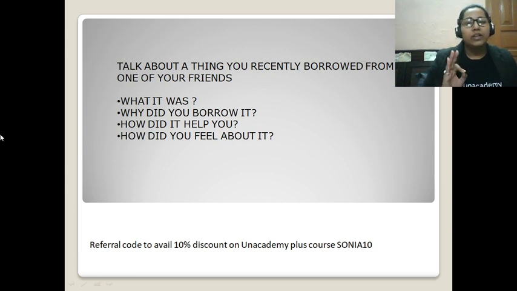And if your examiner is asking you again why and why, it means that you're not giving length to your answer, which is a negative point. So try to give length. And how exactly are you going to add length? By giving the reasons.